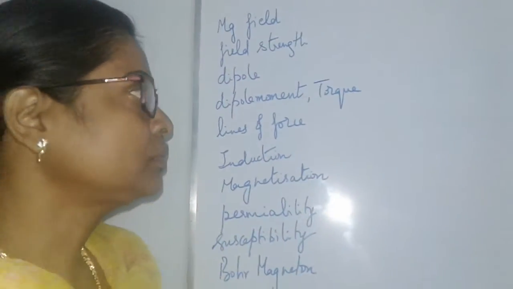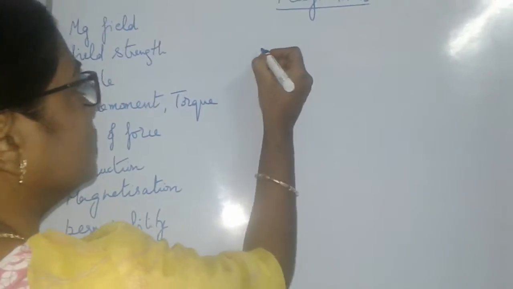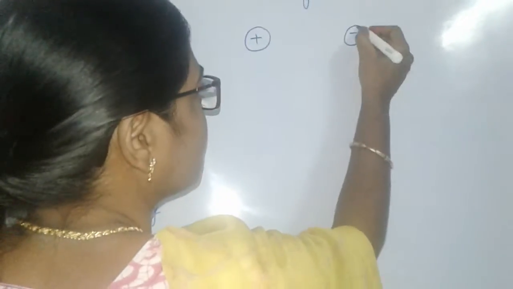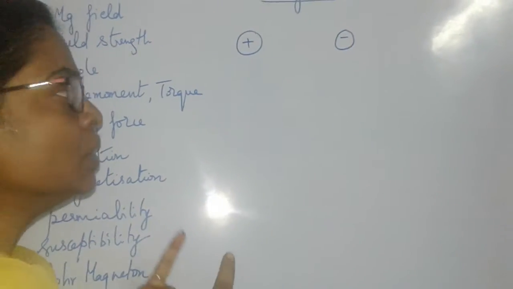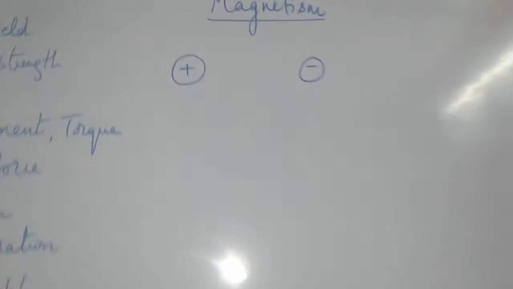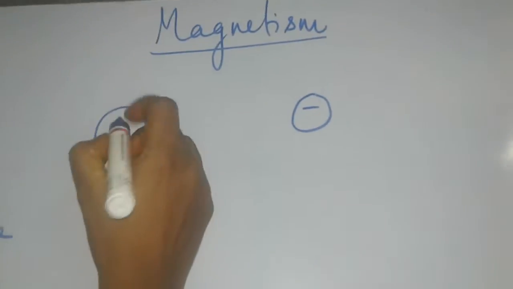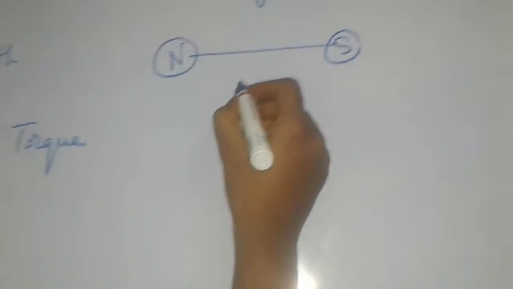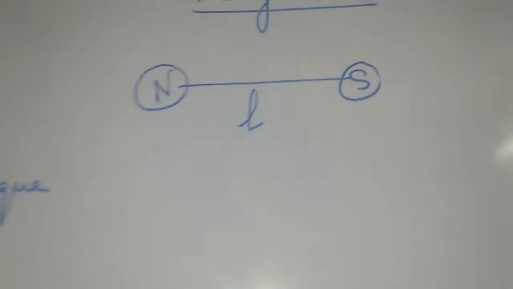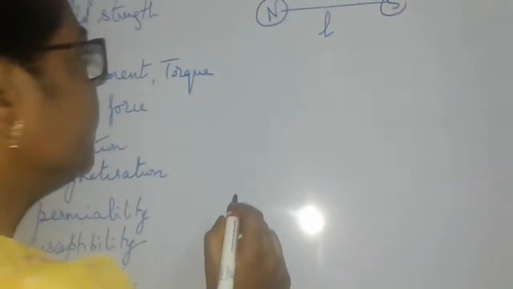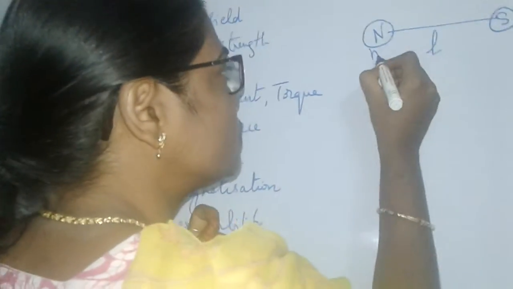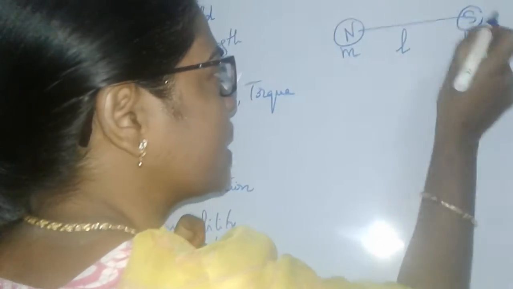And next is the dipole. Dipoles are two dissimilar charges, or here in magnetism two opposite poles, north and south pole, separated by a very small distance. So dipoles are two dissimilar poles of pole strength, let it be m, separated by a small distance.